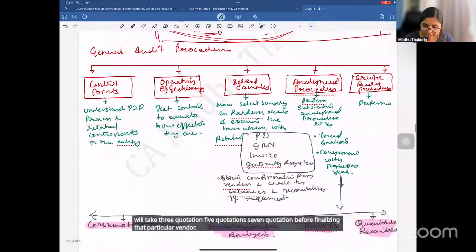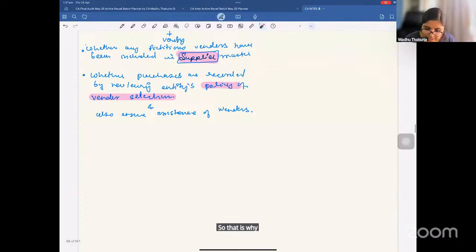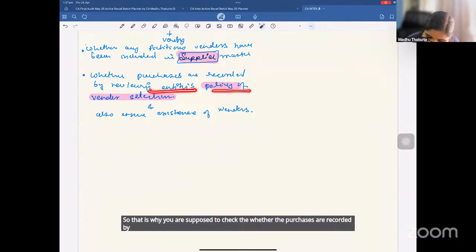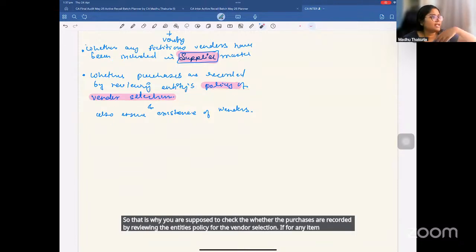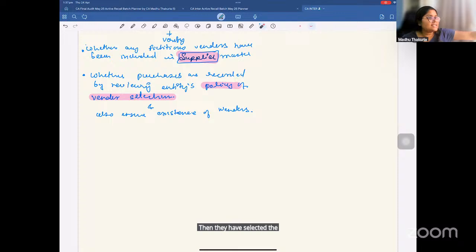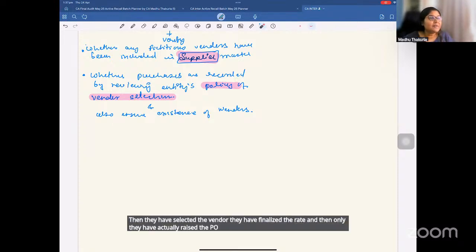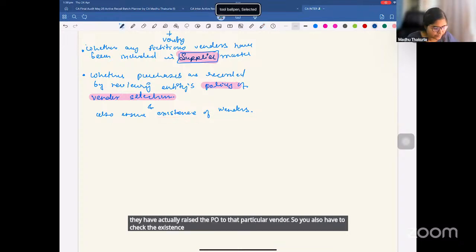So you check whether purchases are recorded by reviewing the entity's policy for vendor selection. If there is a new item requirement and no vendor, they first follow the vendor selection process, finalize the rate, and only then raise the PO to that vendor. So you also have to check the existence of the vendor.